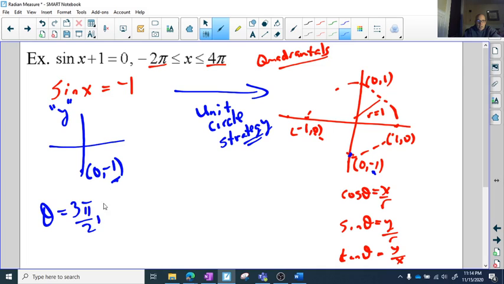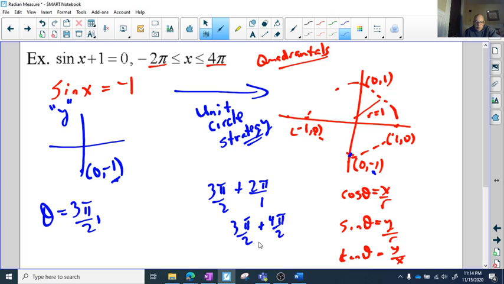Now, I'm allowed to get another angle in the same place as that, so I can add 2 pi to this. If you're in radians and you're trying to get multiple angles in the same place, you've got to be able to work a little bit with fractions. So you just have to say, well, if it's over 2 and I'm adding 2 pi over 1, that's really the same thing as 3 pi over 2 plus 4 pi over 2.